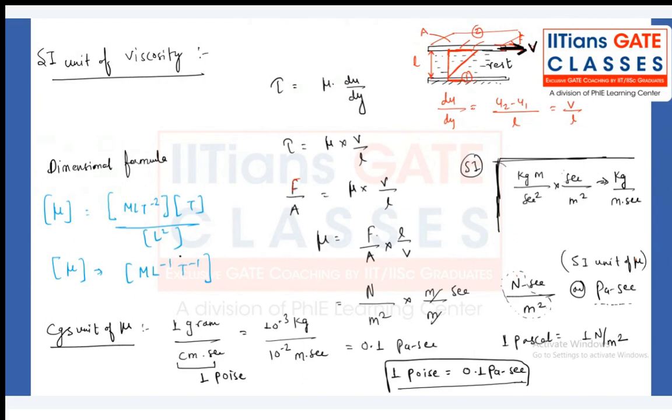T. What are the dimensions of meter square? L square. If you simplify, you get ML minus 1 T minus 1. That is the dimensional formula for viscosity. Remember, viscosity has three names: dynamic viscosity, coefficient of viscosity. There is one more term called kinematic viscosity, which we will discuss when we start our session.